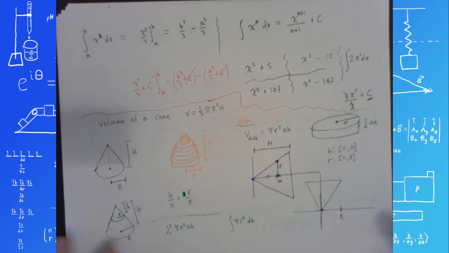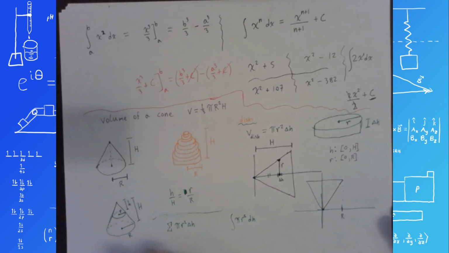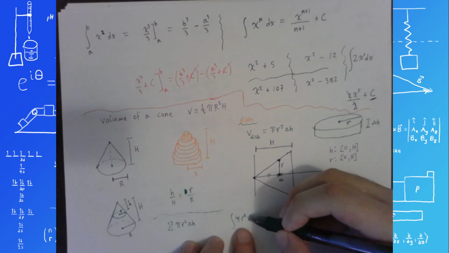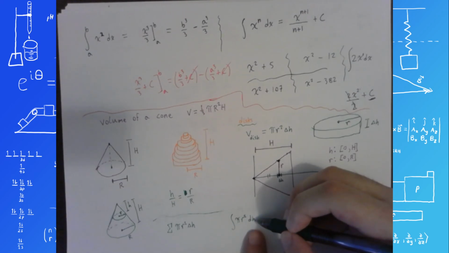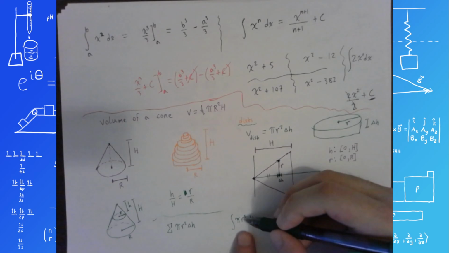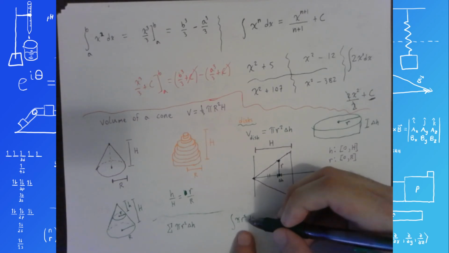I cannot do this integral as it is right now because my variable r is not defined in terms of h. So I either need to change this differential or I need to change this variable.